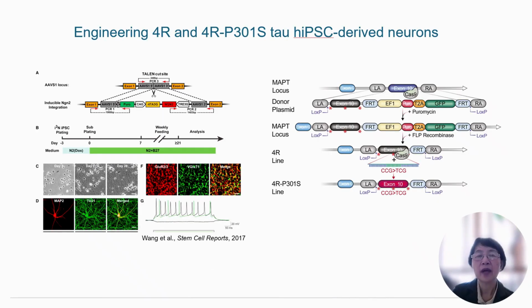To increase 4R tau expression, we edited the MAPT locus around exon 10 in an iPSC line, which contains an NGN2 transcription factor in the AAVS1 locus. We used CRISPR-Cas9 gene editing with a donor plasmid containing silent mutations in and around exon 10 to promote its inclusion. We further introduced the P301S mutation into this line to study its effects in vitro.